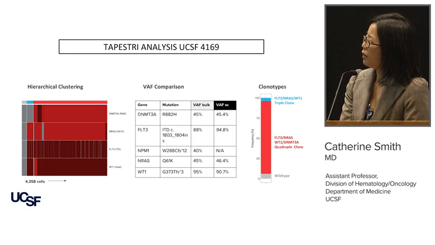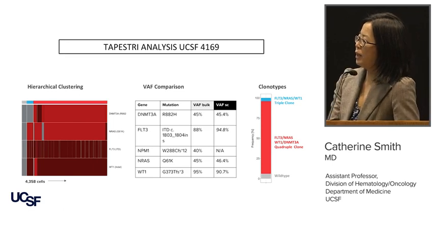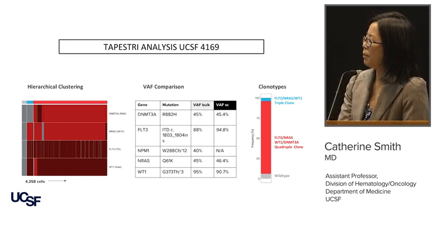You'll also note the appearance of a small population of cells that appears to be mutant only for FLT3, NRAS, and WT1. And if you know anything about AML biology, you'll think that this is unusual because typically DNMT3A mutations are thought to be ancestral mutations and occur in the pre-leukemic stem cell.